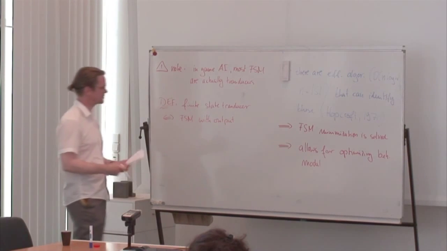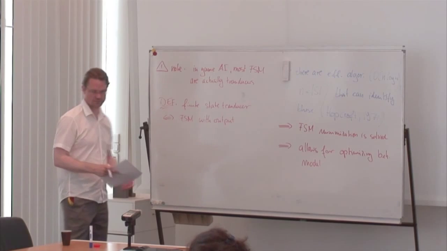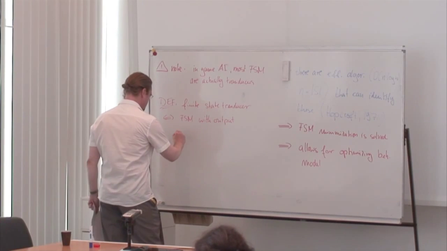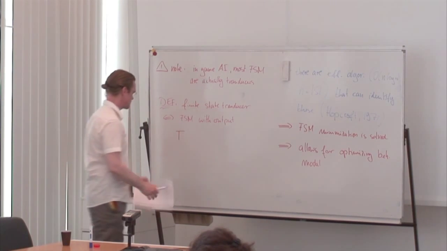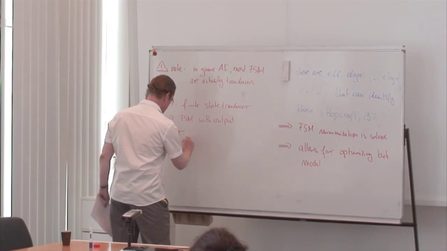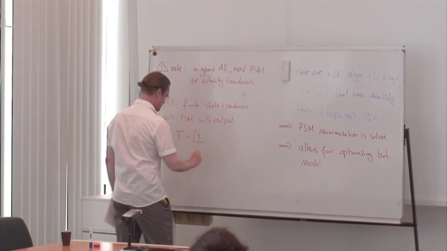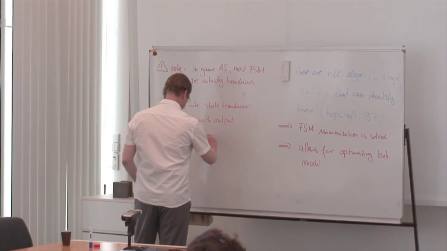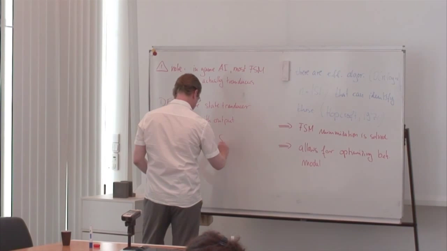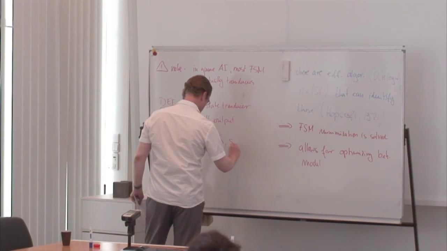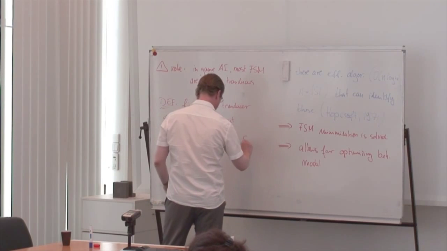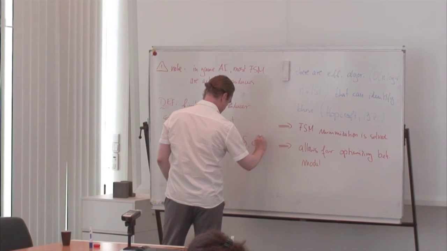So we basically have to extend the model we have been looking at so far, and I shall call it T for transducer. And this is a tuple consisting of a set sigma, a set gamma, a set S, a symbol s naught, a function delta, and a function omega.